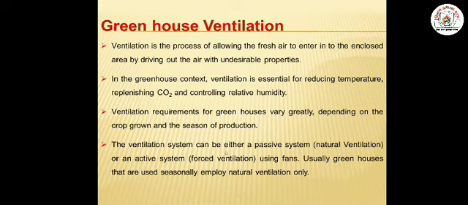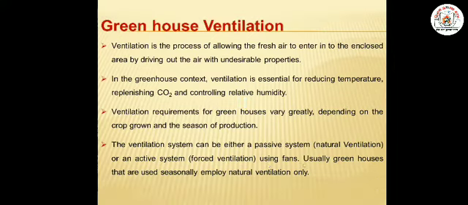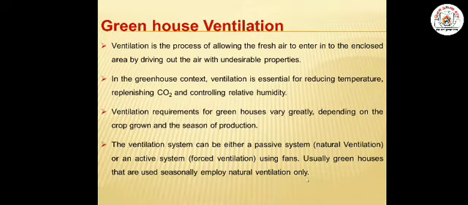Here, the ventilation system can be either a passive system, that is natural ventilation system, or an active system, that is forced ventilation system using fans. Usually the greenhouses that are used seasonally use natural ventilation systems only.